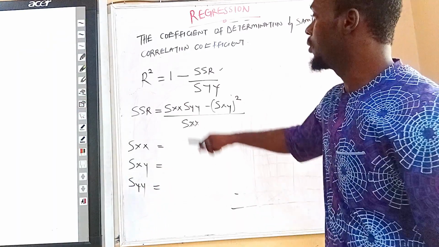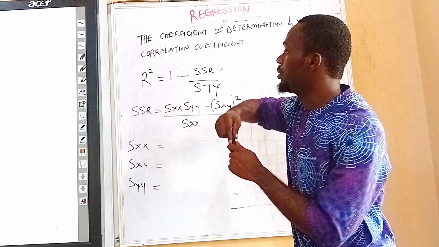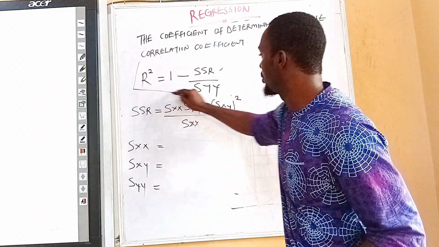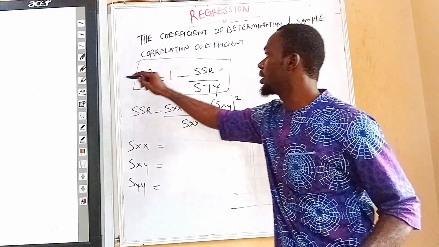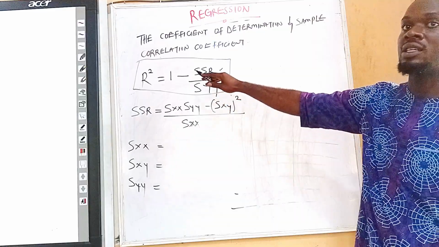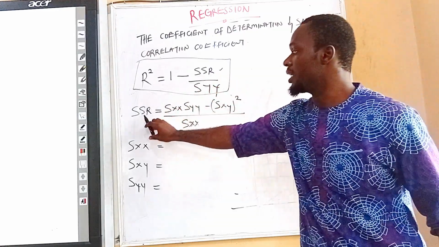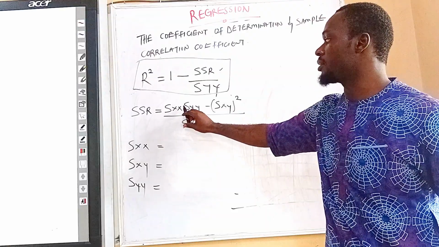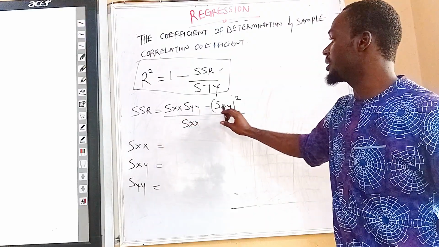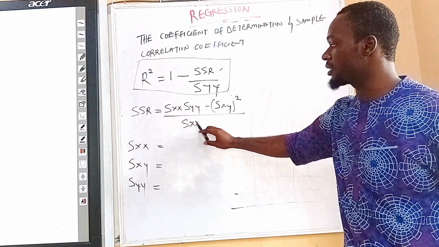First, to find R squared, we need this equation, which is SSR over SYY. SSR is equal to SXX times SYY minus SXY all squared, all over SXX.